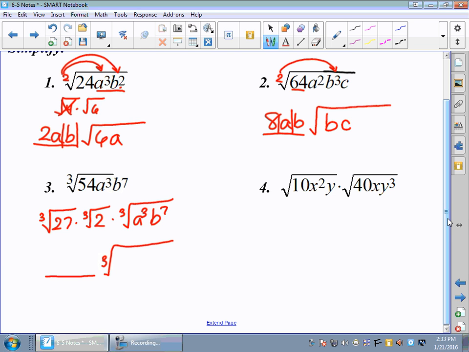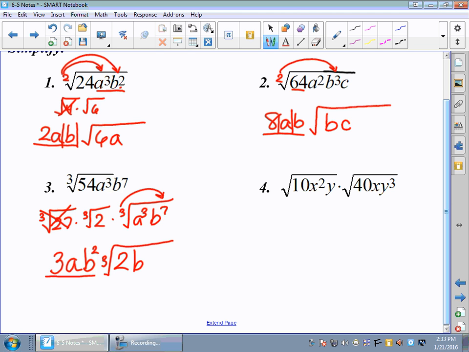Cube root of 27 is 3. Cube root of 2 goes inside. Cube root of a cubed is a with no remaining, and 3 goes into 7 2 times, so b squared with 1 b remaining underneath. So you look at the original problem, and they were both odd to begin with, so this is all we've got to do here.